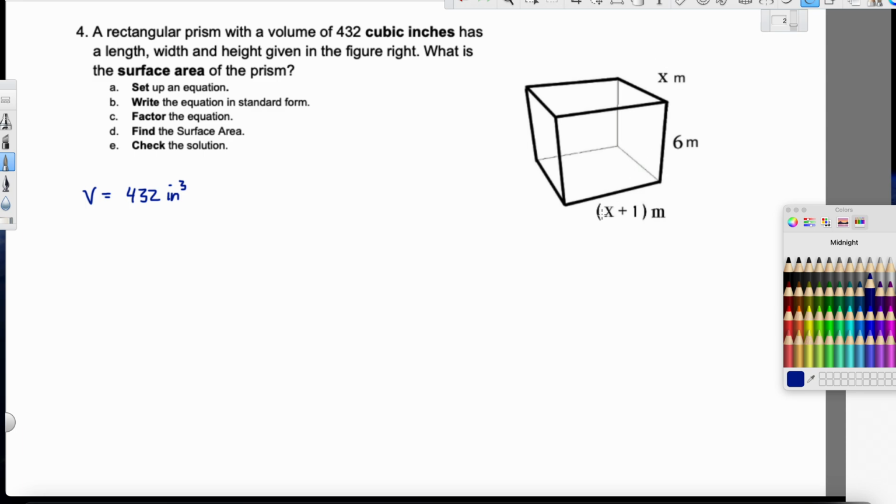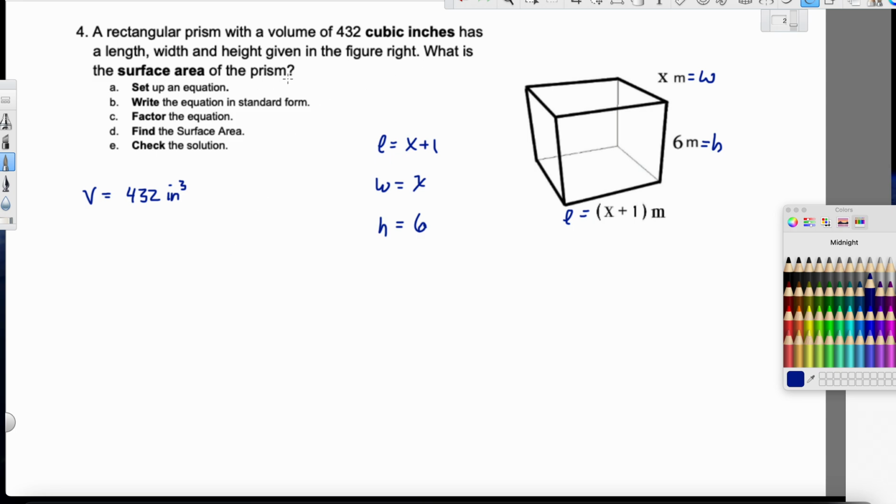Okay, so the length is x plus 1 meters. The height is 6 meters, and the width is x. So maybe I'll rewrite it. Length is x plus 1. The width is x, and the height is 6. And this is all going to be in meters.